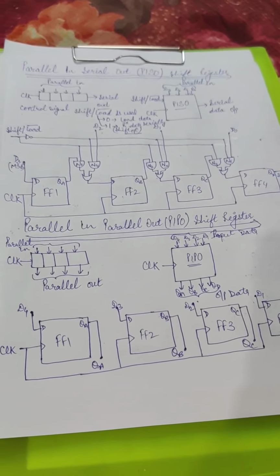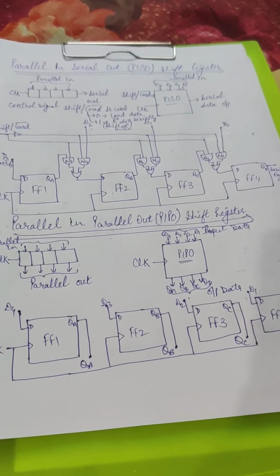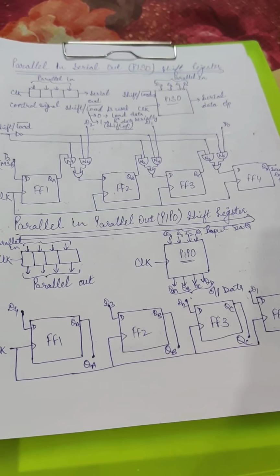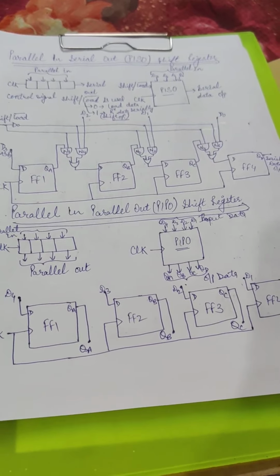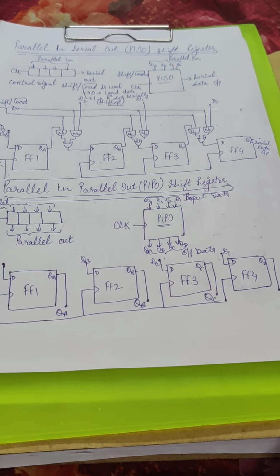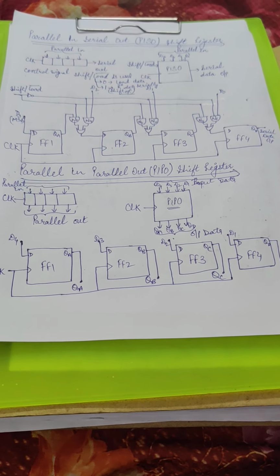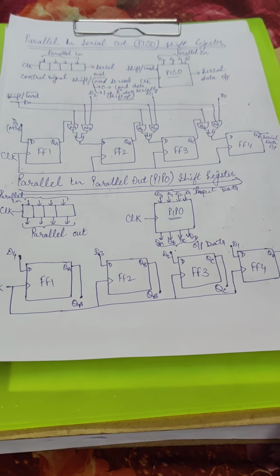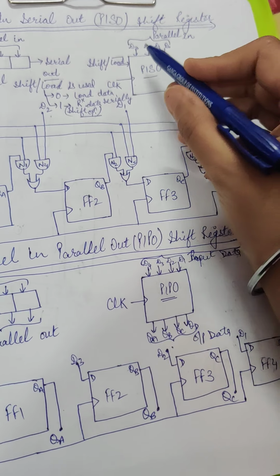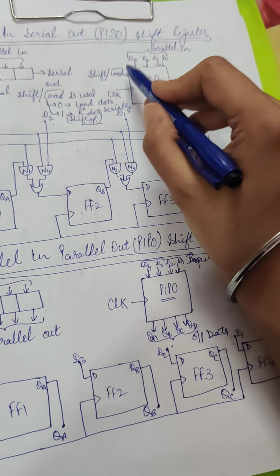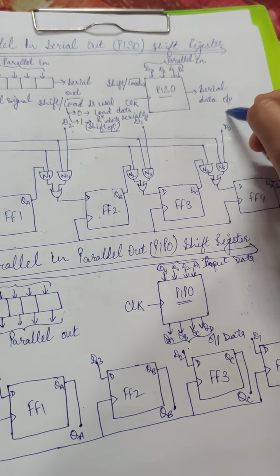Now input is parallelly and output is serially. So output is taken bit by bit, means 1 bit at a time. On each clock we get 1 bit at the output. So clock is applied, parallel inputs, 4-bit inputs and single output.